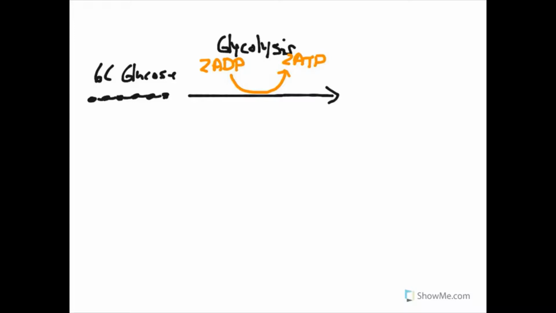But also what's interesting is you're going to take 2 electron carriers called NAD pluses, nicotinamide adenine dinucleotide, and turn them into 2 NADH molecules.